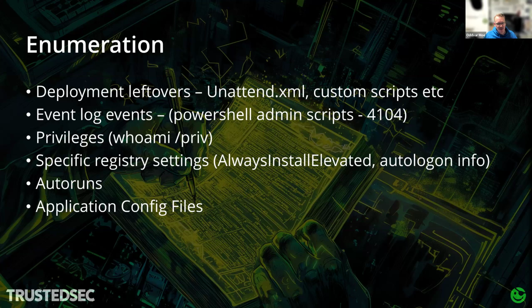So typical is unattended XML, if you find that, or maybe they have some custom scripts or log files spread over the system after deployment. Other things could be to look at the event log. If they are running admin scripts and PowerShell logging is on, you could most certainly find interesting stuff there. Of course, this is more of a network-based escalation enumeration thing, but it's still interesting.